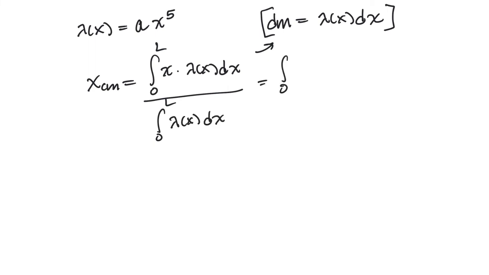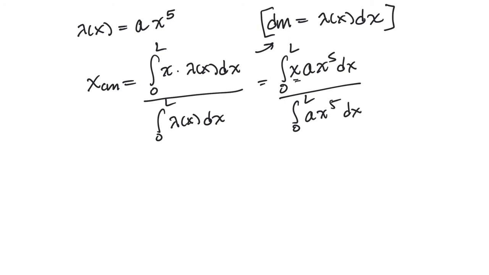That's the integral from 0 to L of x times ax to the 5th dx divided by the integral from 0 to L of ax to the 5th without the extra x dx. And the same thing, I can pull the a's out and cancel them. And I get the integral from 0 to L of x to the 6th dx divided by the integral from 0 to L of x to the 5th dx.